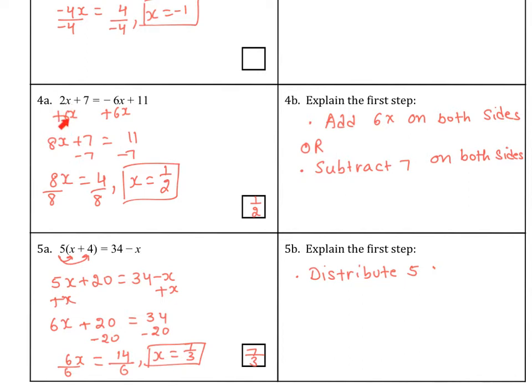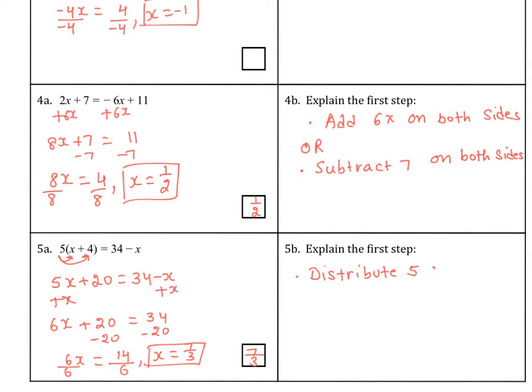So 2x plus 6x is 8x plus 7 equals 11. Now subtract 7 on both sides, you get 8x equals 4, and divide 8 on both sides, you get x equals 1 over 2, because 4 divided by 8 is 1 over 2. Again, our first step can differ, so add 6x on both sides or subtract 7 on both sides.